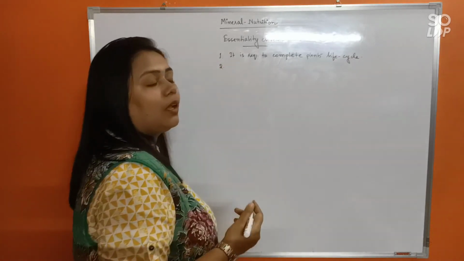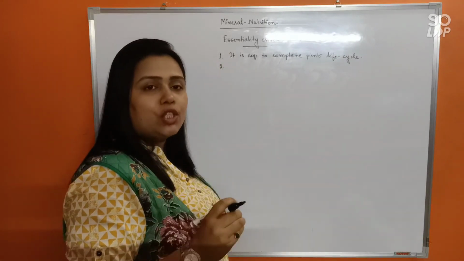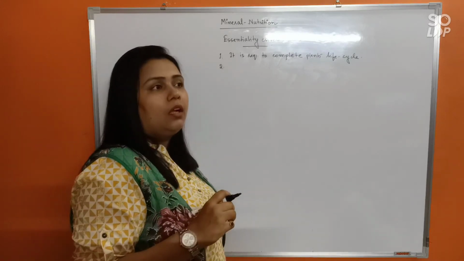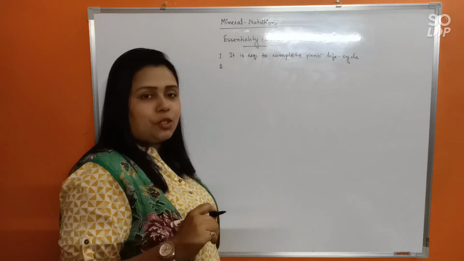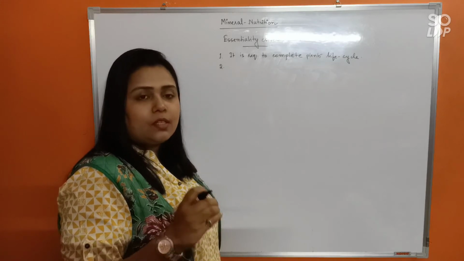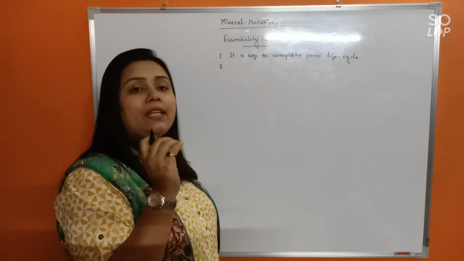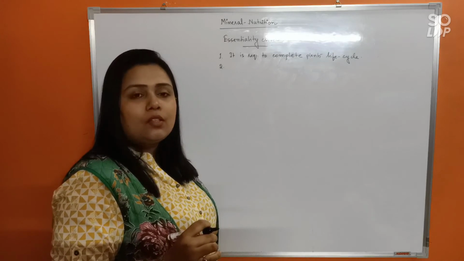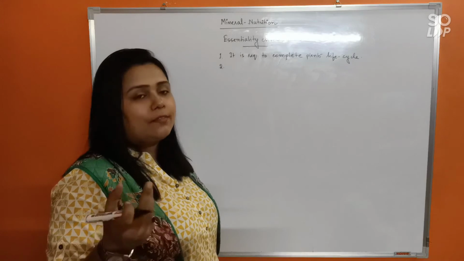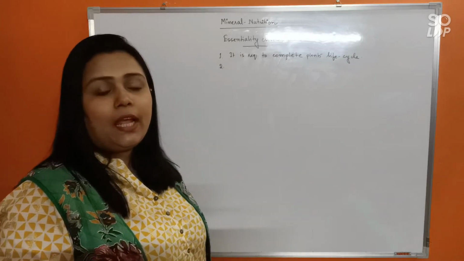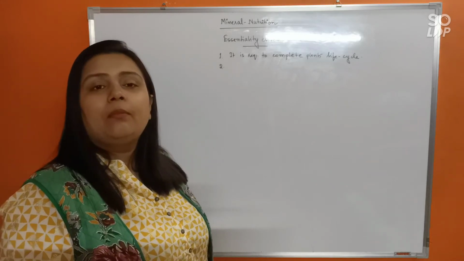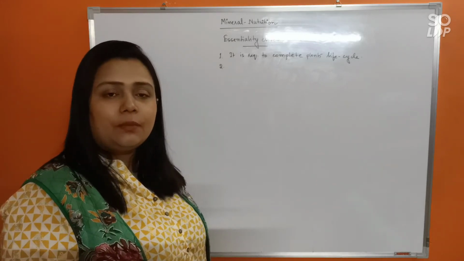Second, it should play a very important structural or physiological role. Say for example, magnesium. Magnesium is a core component of the chlorophyll pigment. The structure of chlorophyll consists of magnesium at its core. So can the plant survive without magnesium? Plants of course cannot photosynthesize without chlorophyll, and magnesium is a structural component of it. Of course then plants cannot survive without magnesium, isn't it?